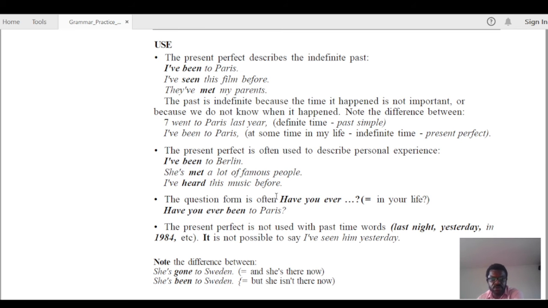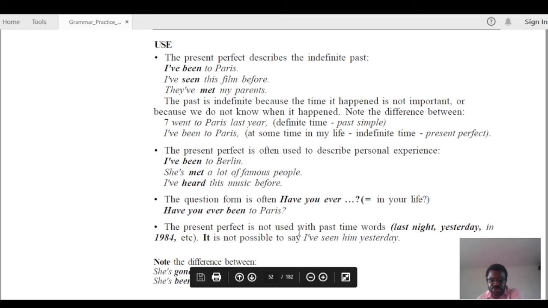Have you ever been to Paris? We are making a question in the present perfect form. The present perfect is not used with past time words like last night or yesterday or in 1984. It is not possible to say, I've seen him yesterday. It doesn't even sound okay.